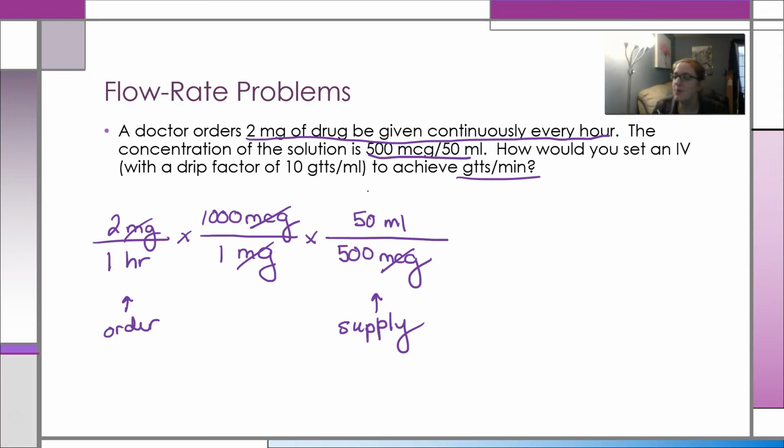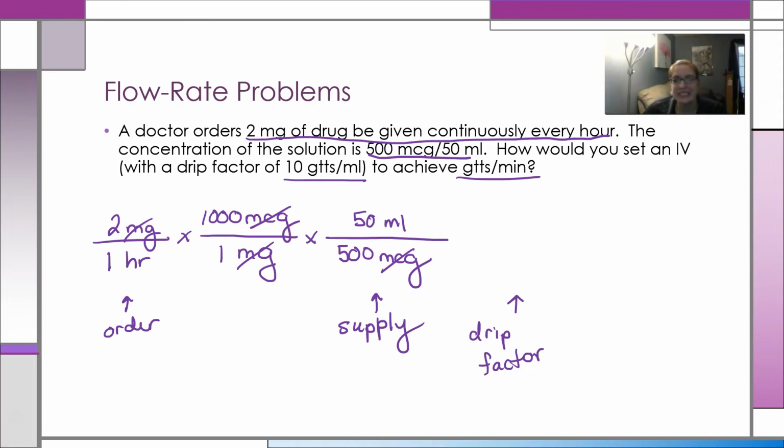So we have one more extra unit that we have to multiply by, conversion factor, and that's the drip factor, which is something a little bit different that we haven't used before, but it's going to follow the same rules as before. The drip factor is 10 drips per 1 milliliter.